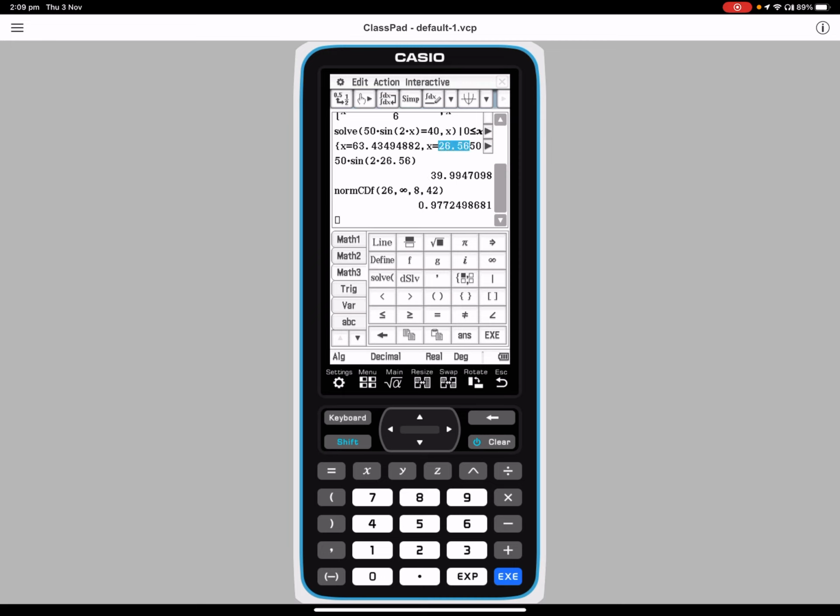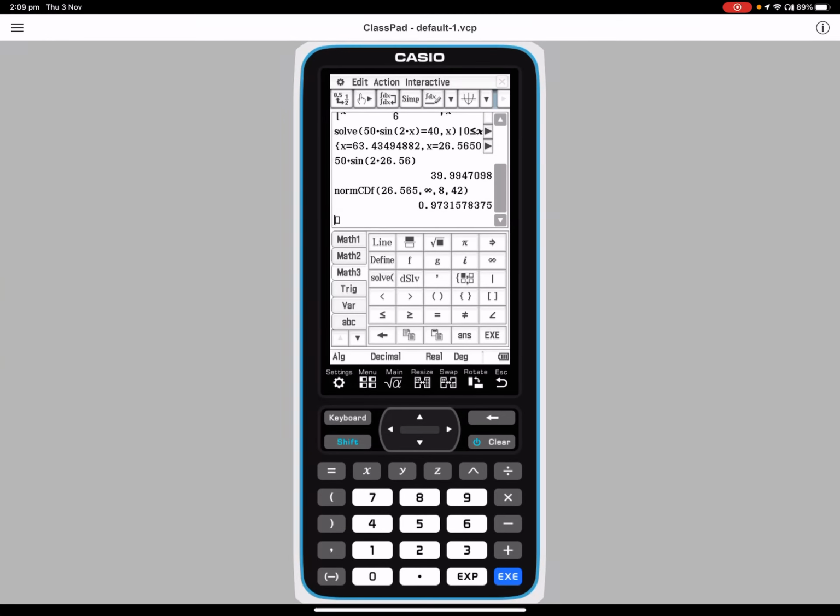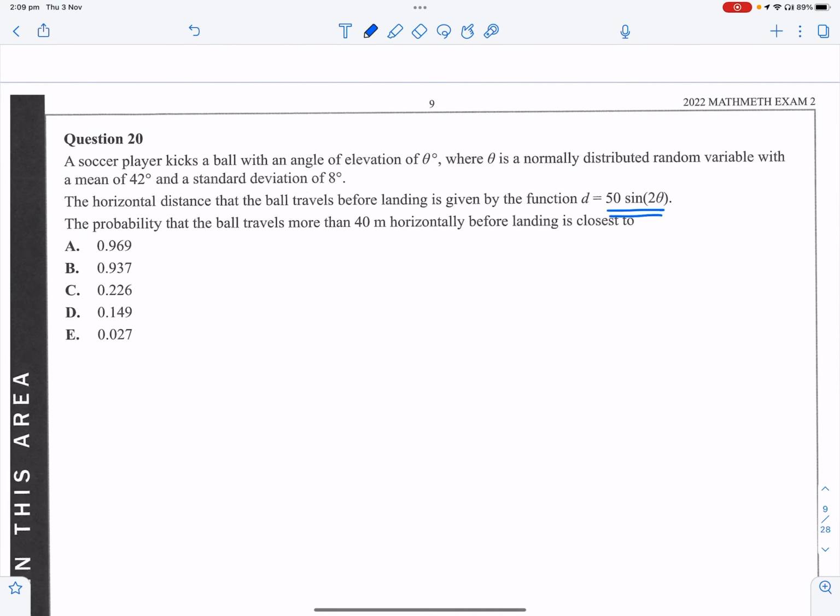So 26.56 goes in there. 0.9713. 9731. Ball travels more than 40 meters before landing.